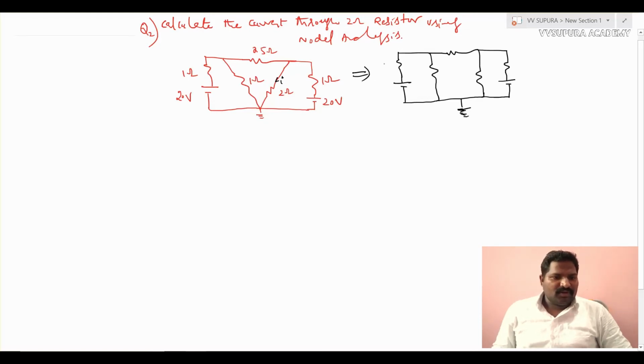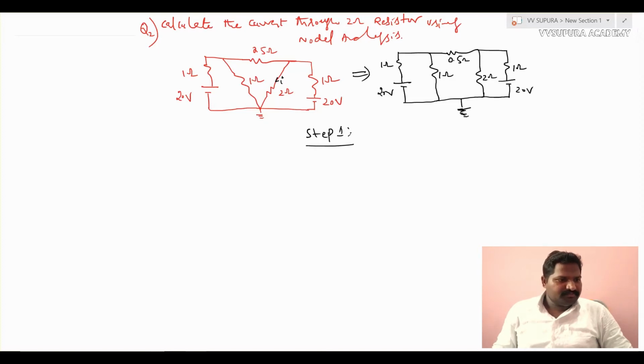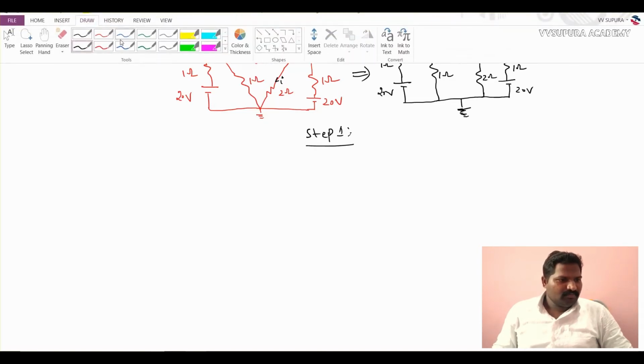So this will be 1 ohm, 20 volts, 1 ohm, 0.5 ohms, and it will be 2 ohms, 1 ohm and 20 volts. Step number 1. How many nodes are there?